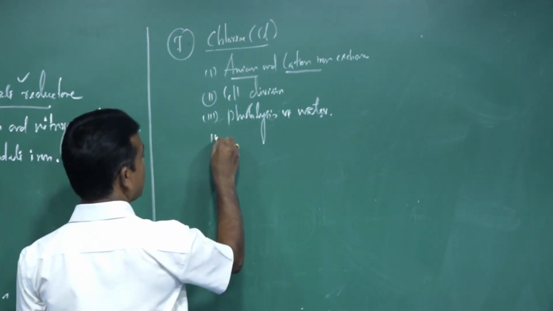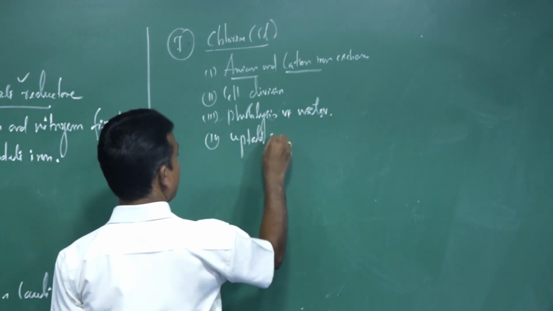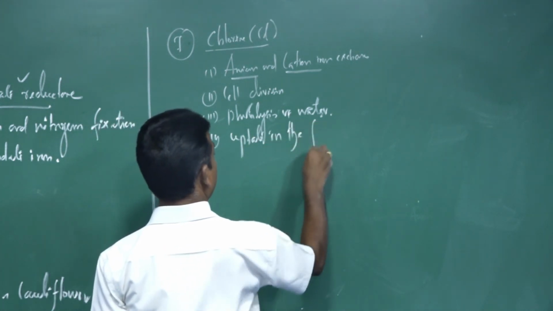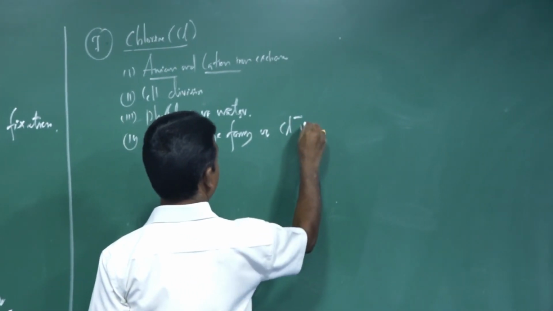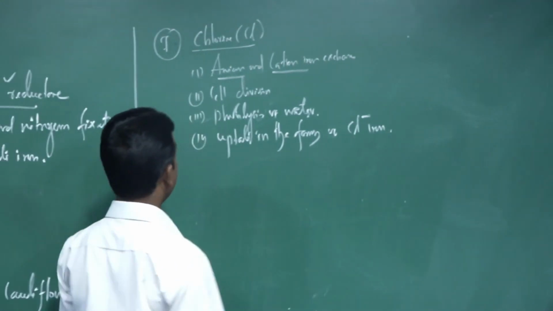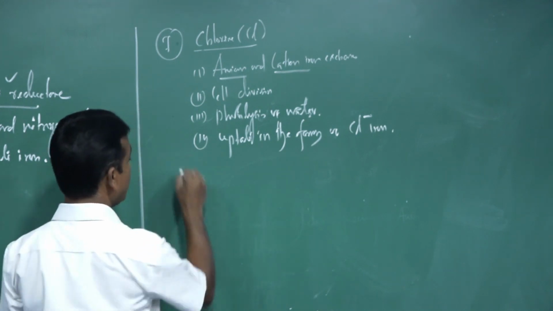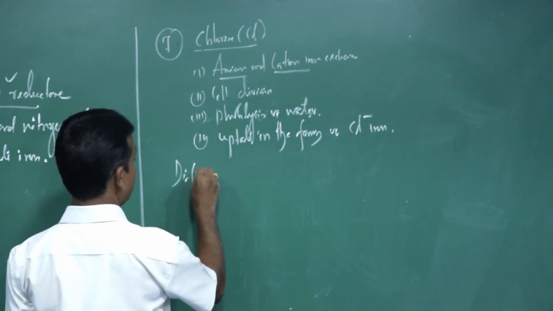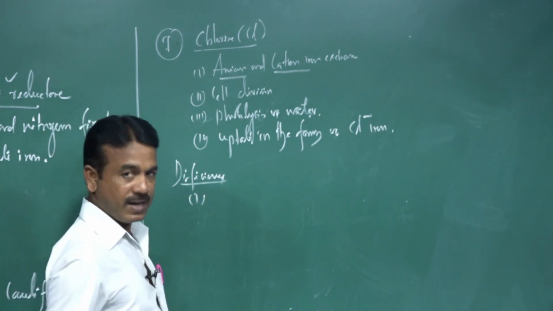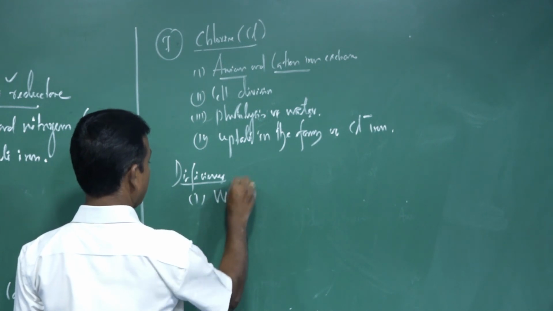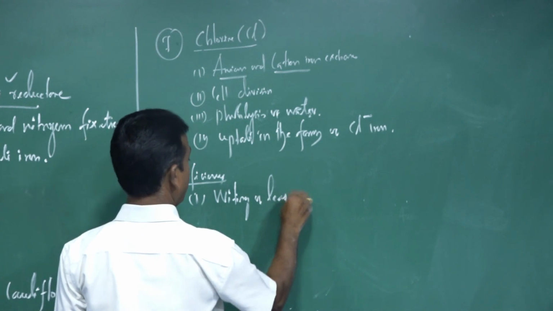In plants, chlorine is taken up in the form of Cl minus ions. If chlorine is not available in the soil, it also causes deficiency. The deficiency that arises is wilting of leaf tips.